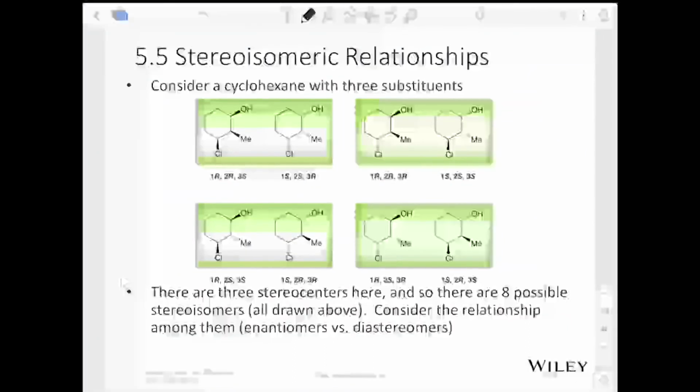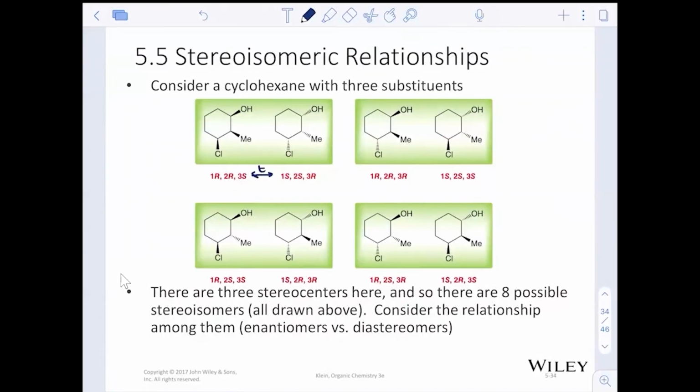Notice the enantiomers. These are enantiomers, and so are these ones, where all 3 chiral centers are opposites. We could find the mirror images of these if we drew them all out in the chair conformations. Go for it if you really want to. But if you split up and go to a different pair, that's a diastereomer. That's a diastereomer, that's a diastereomer, that's a diastereomer. Diastereomers are all the other relationships that we have.